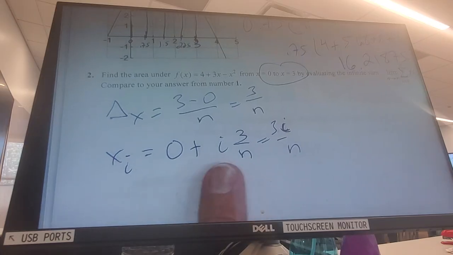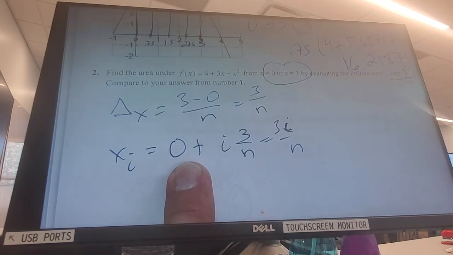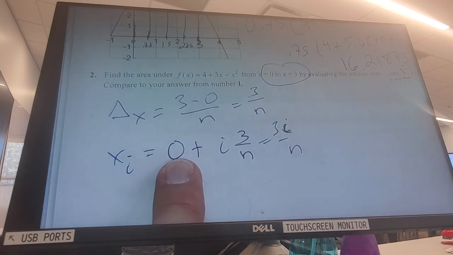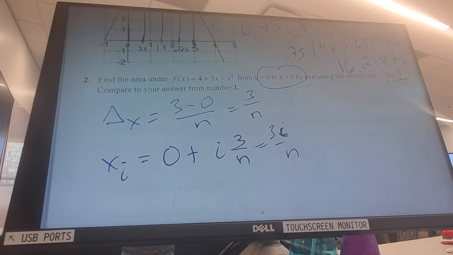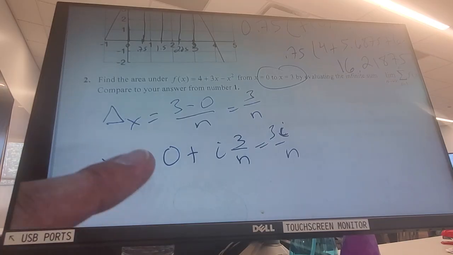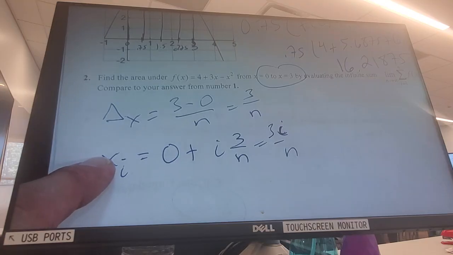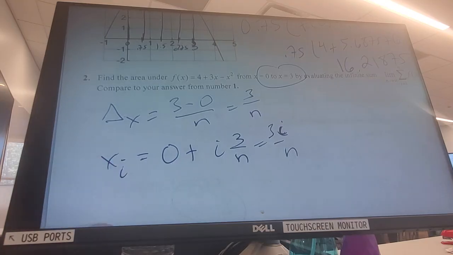So again, this kind of sucks. Past Jeff wasn't thinking ahead too well. If I started at 1, there would be a 1 here. Everything would be a little worse. Okay. So I figure out what delta x is, which helps me figure out what xi is. And then what do I do with xi? You want to plug it into our function.